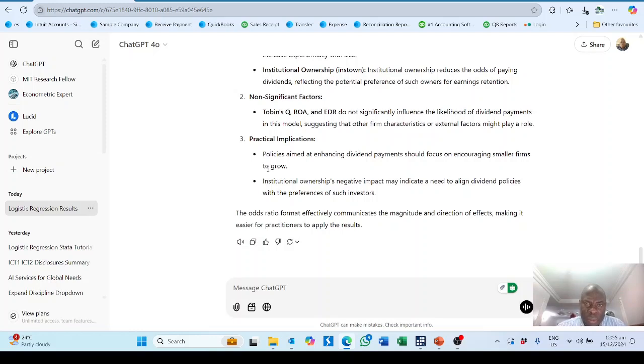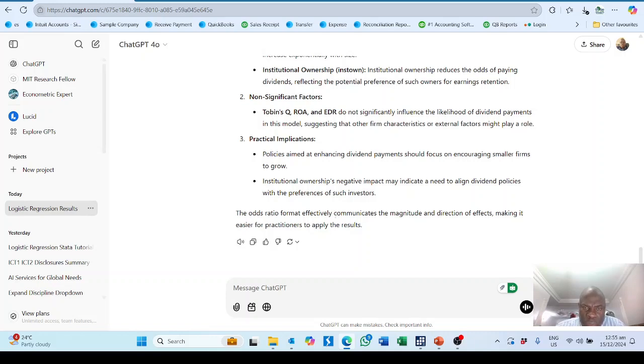Practical implication: policy aimed at enhancing dividend payments should focus on encouraging smaller firms to grow. Institutional ownership's negative impact may indicate a need to align dividend policy with the preference of such investors.